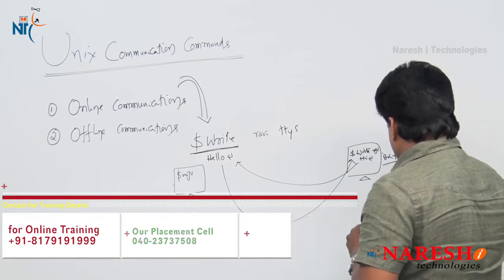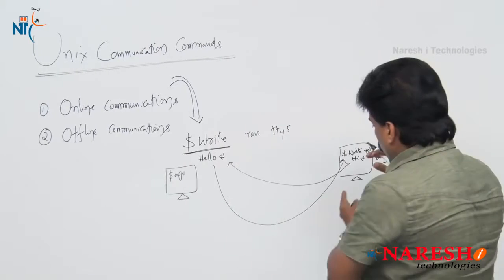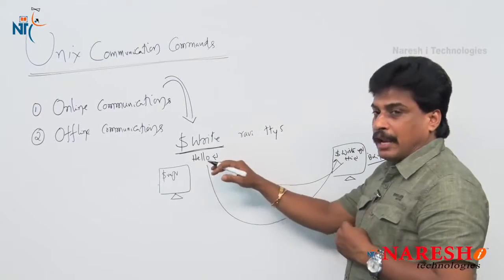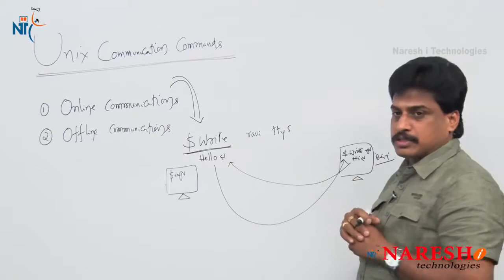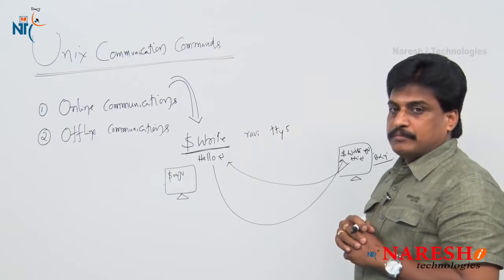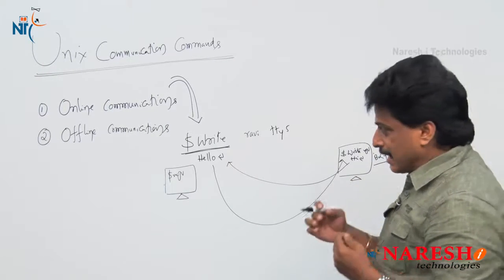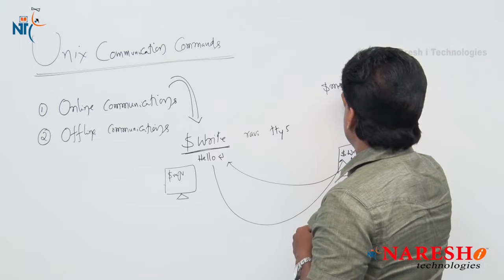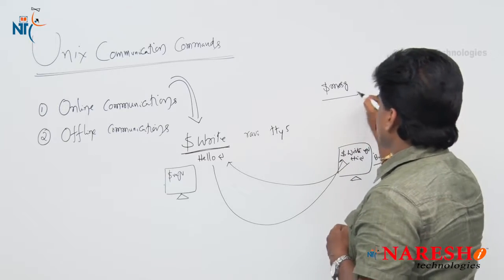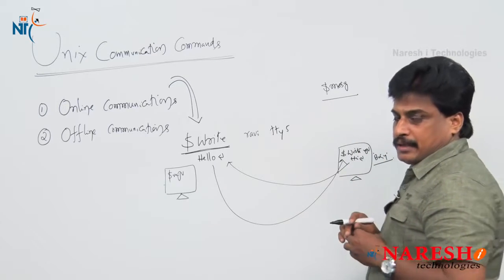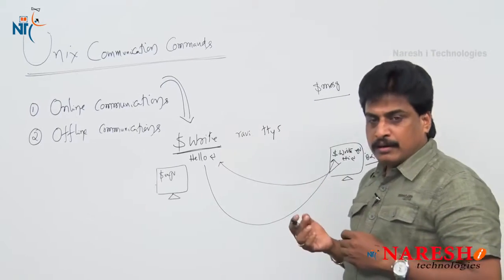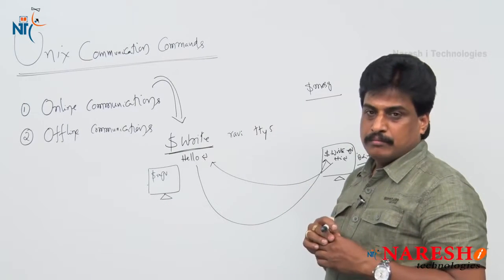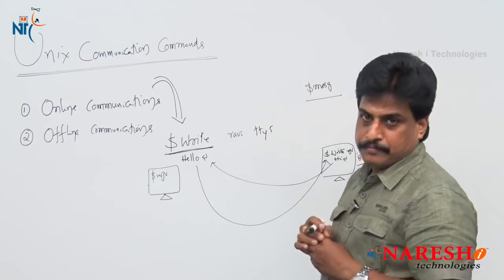Right, for example, here Raju is a little busy. Take a scenario, Raju is busy. That time Raju is not ready to allow any message from any other users. At that time I use another command that is called MESG, message. This command's speciality is allowing or disallowing messages to a particular user.